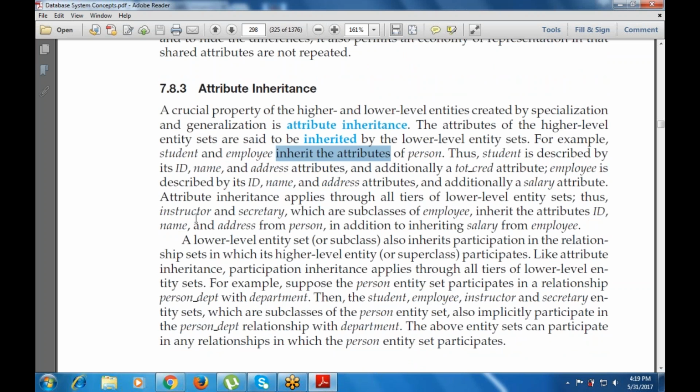Suppose the person entity set participates in a relationship person department with a department.